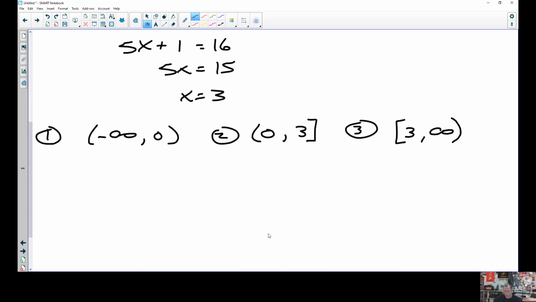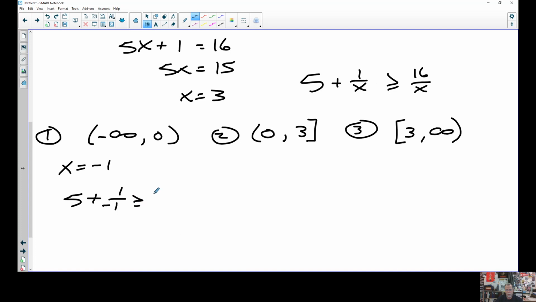And so we would write out those 3 areas. And again, as I'm working down, I like to have it right there where I can see it. I'm going to write 5 plus 1 over x greater than or equal to 16 over x. And so I'm going to use this to fill in the blanks here. So now I'm going to pick x between negative infinity and 0. I'm going to say negative 1 again. So I'd have 5 plus 1 over negative 1 greater than or equal to 16 over negative 1.